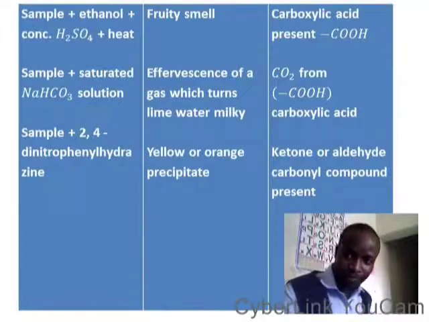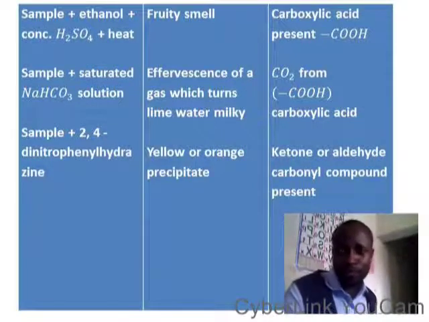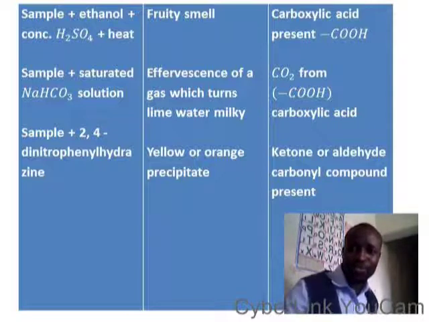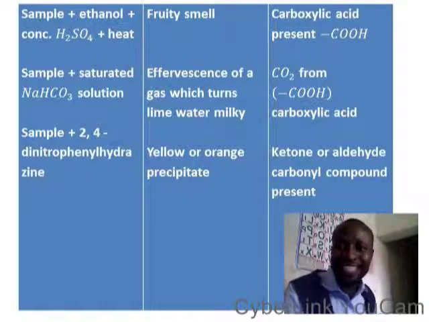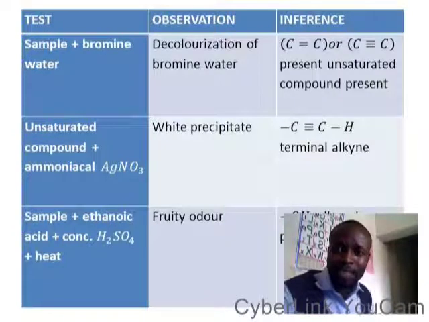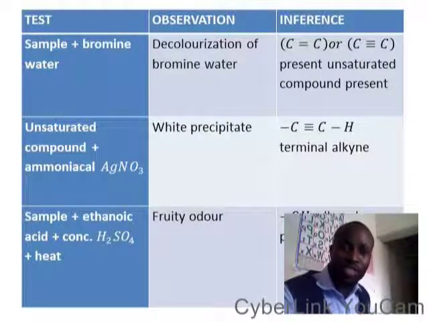Let's move on. A sample of food plus ethanol plus concentrated H2SO4 plus heat, fruity smell, carboxylic acid is present. Look at the difference between them. Now this one plus ethanoic acid, you have fruity smell.